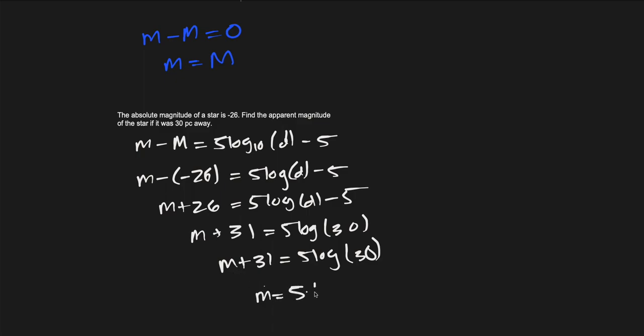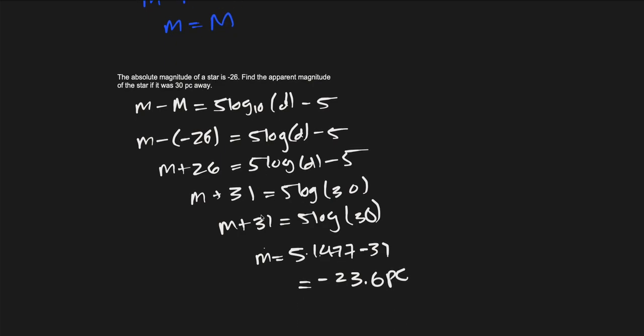So 5 times 1.477 minus 31, and if we plug that into our calculators, we get about negative 23.6, which is the correct answer for the apparent magnitude of the star.